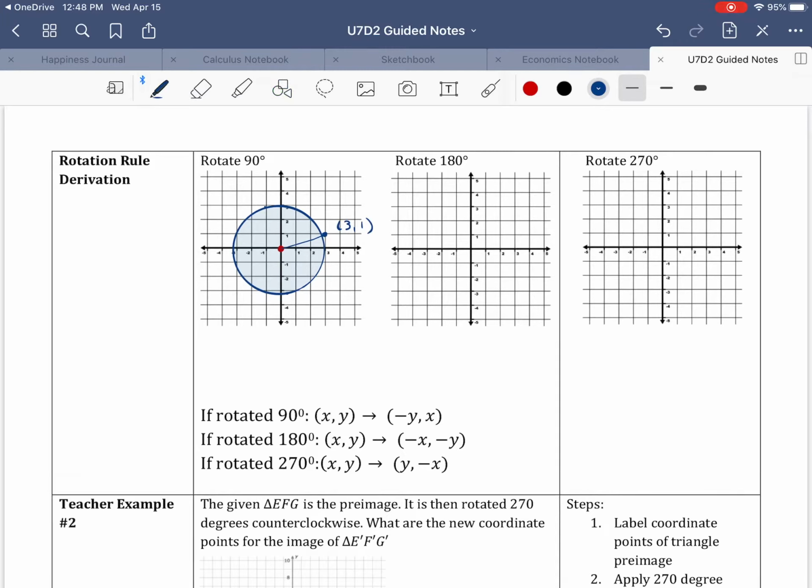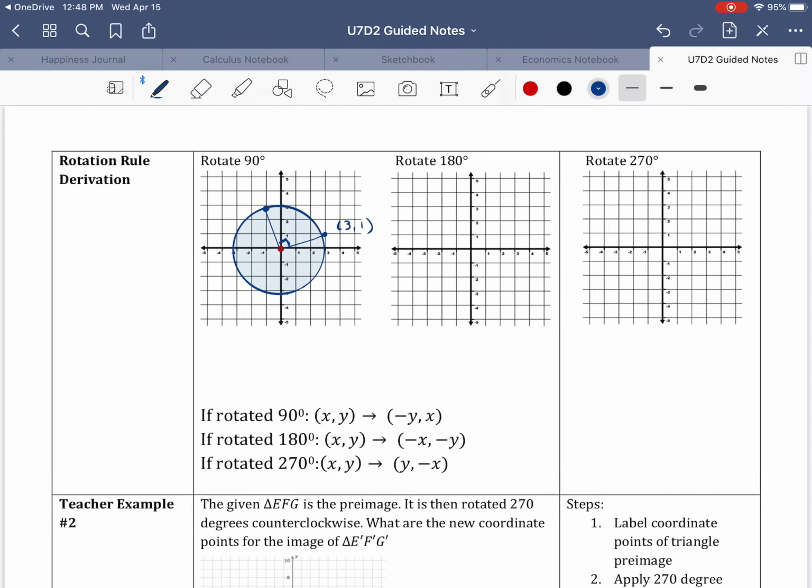All right. If we rotate 90 degrees, we're going to end up with this as our 90 degrees, and we have a coordinate point right there, right? This is 1/4 of our circle.